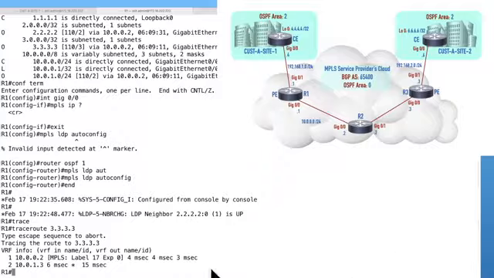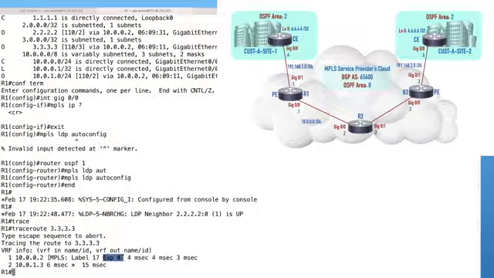Notice it says for the first hop, when we get to R2, label 17 EXP0. What that's saying is that R2 is associating the network that we're headed to with a label of 17.